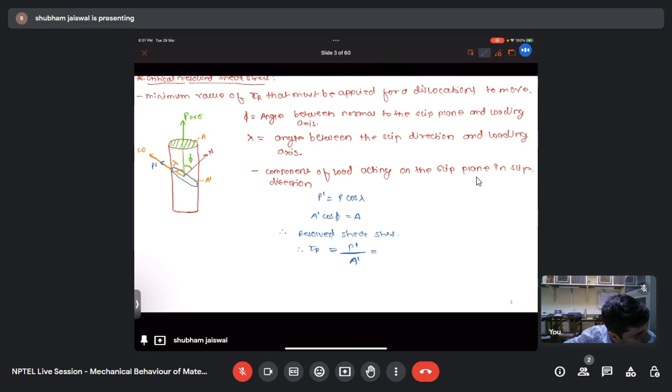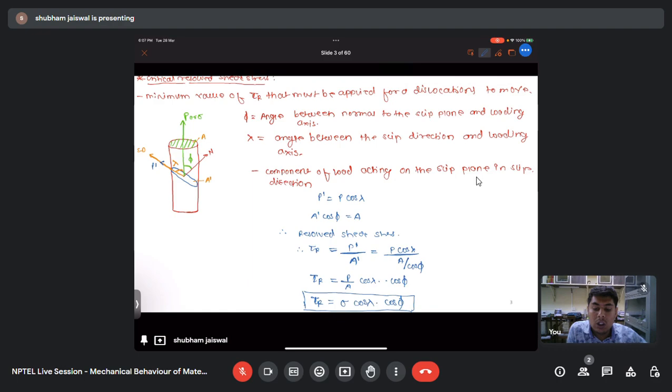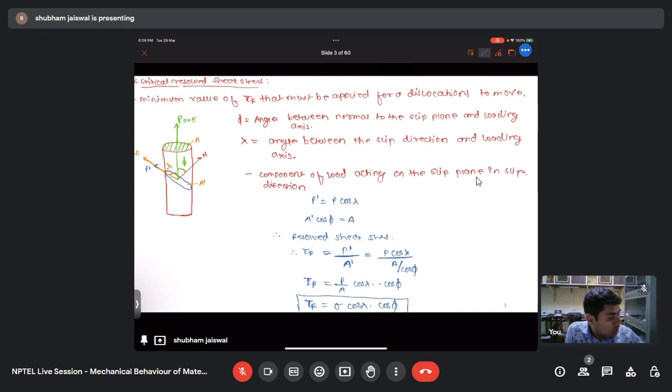If we put in the values, we get P cos lambda divided by A over cos phi. Finally we get tau r equal to P by A times cos lambda into cos phi. This P by A is nothing but the normal stress, so tau r is equal to sigma cos lambda cos phi. This is the equation that we got for the resolved shear stress.